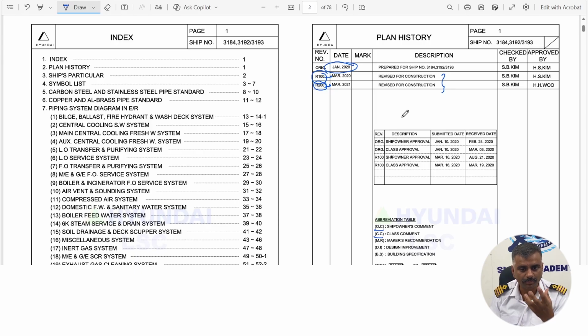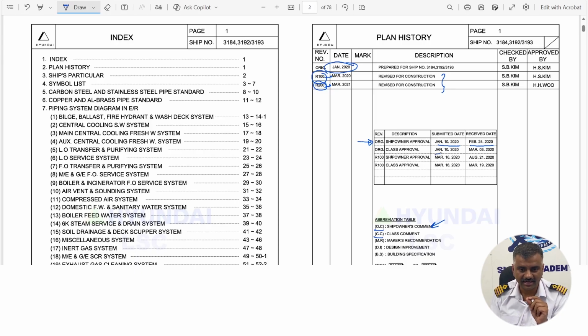pipeline diagrams are approved. So you can see here the first approval was given by the ship owner. So the yard made a diagram, gave it to the ship owner, who gave an approval. Okay, January 10 the yard submitted this diagram and it got the approval in February 2024. Sorry, February 24. So 1 month the owner took to give its comments. So you can find these comments as OC mentioned somewhere in the diagrams. Okay, then the class came into picture. So the owner sent it to the class.